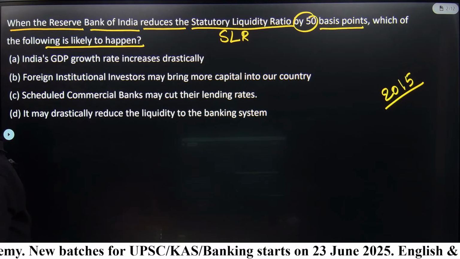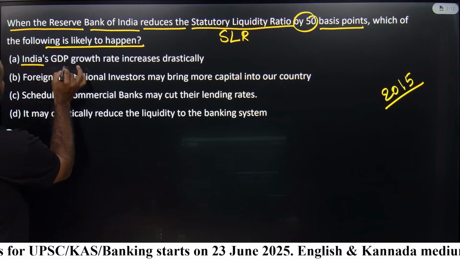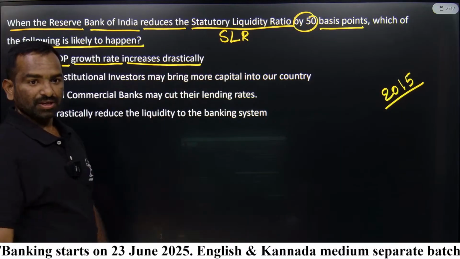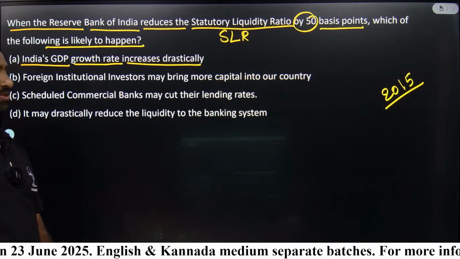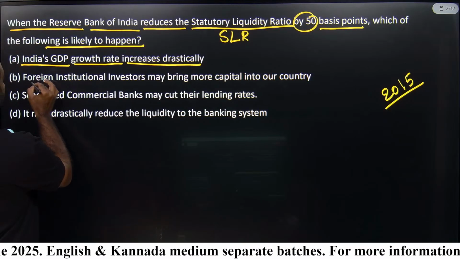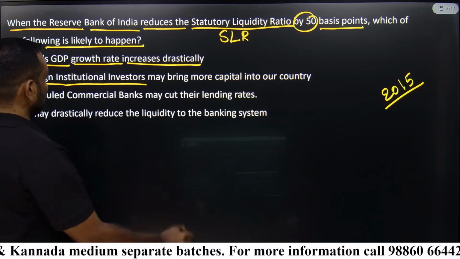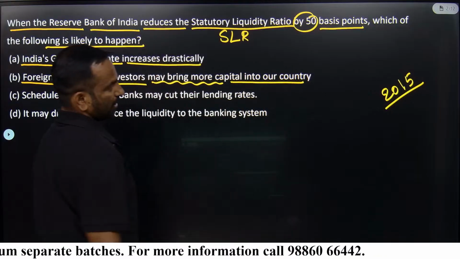These are the four options here. The first option is India's GDP growth rate increases drastically. And second option, it is the FII, that is foreign institutional investors may bring more capital into our country.